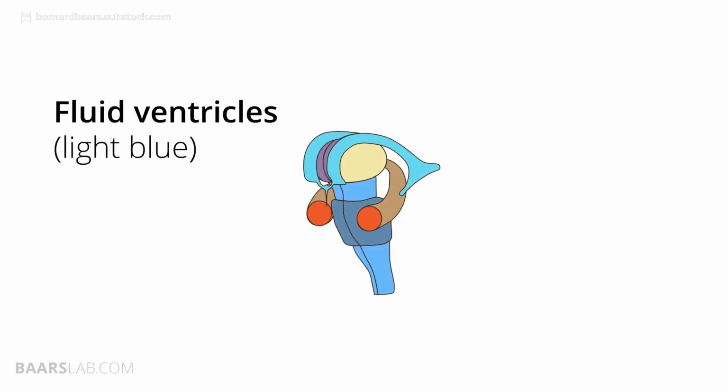And then on top of the hippocampi and amygdalas, there is a structure in very light blue called the fluid ventricles, quite elegant structures. And this is actually not a neural structure, but a space for a fluid called the cerebrospinal fluid.